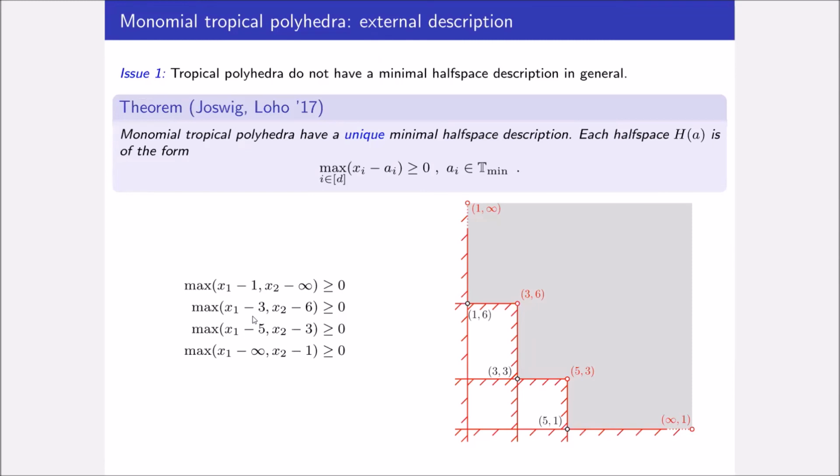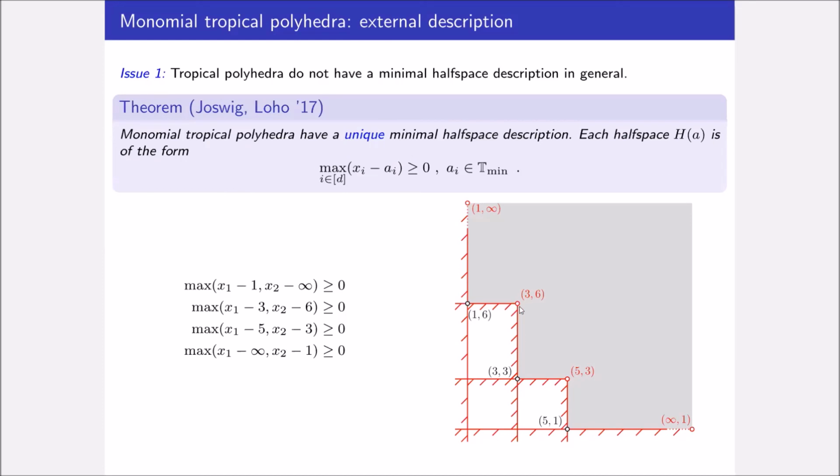The first thing that makes them very nice is that whereas most tropical polyhedra don't have a minimal half-space description, monomial tropical polyhedra always do. It's always a unique minimal half-space description, and the half-spaces are all of the same form. They are all basically complements of negative orthants. So they have this inequality description.